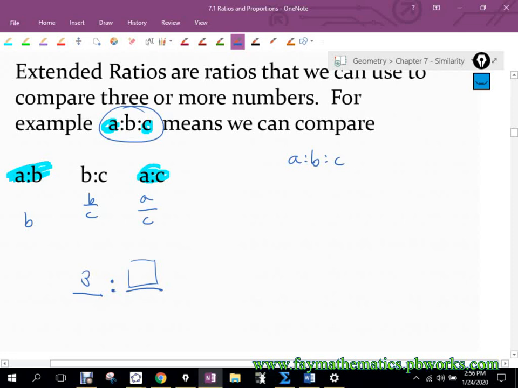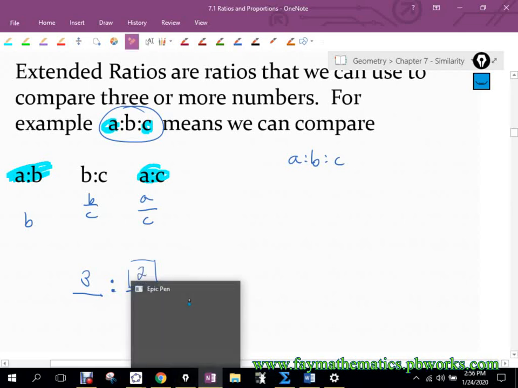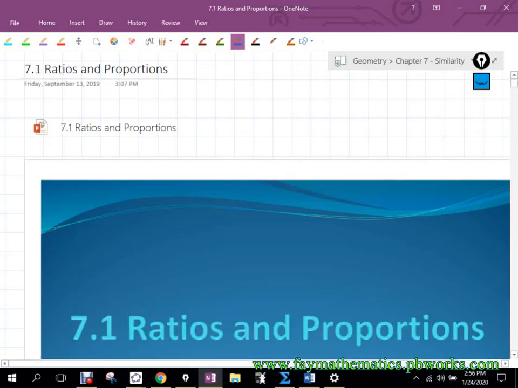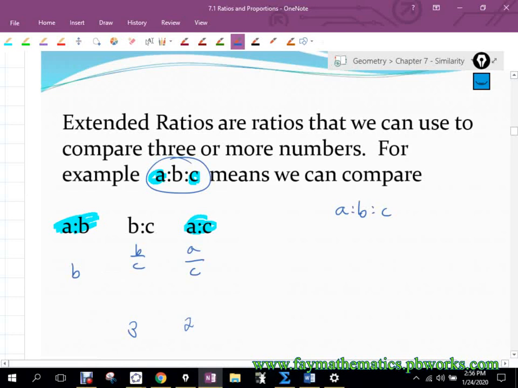Once you put A there, you can only put B or C in this box. Does that make sense? We okay with that? Okay. So if I take 3 times 2, I get 6 total comparisons that can ultimately be made here.